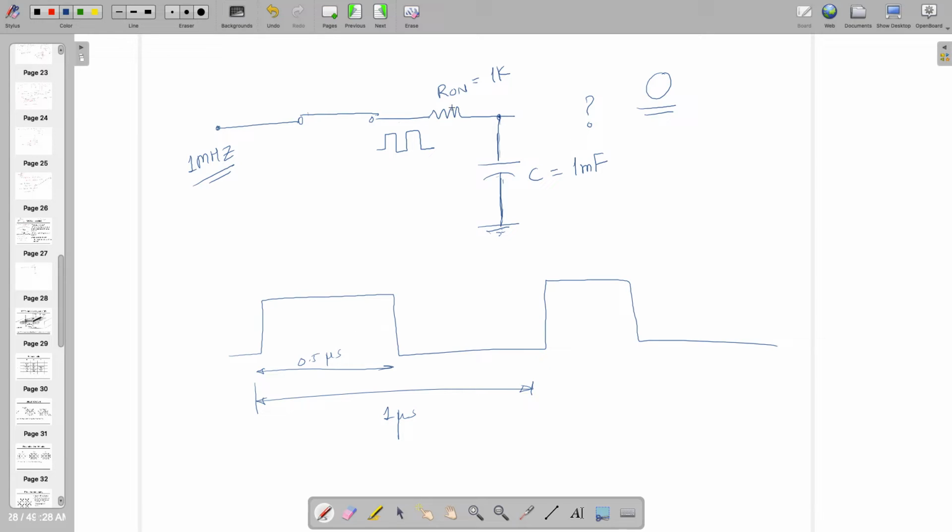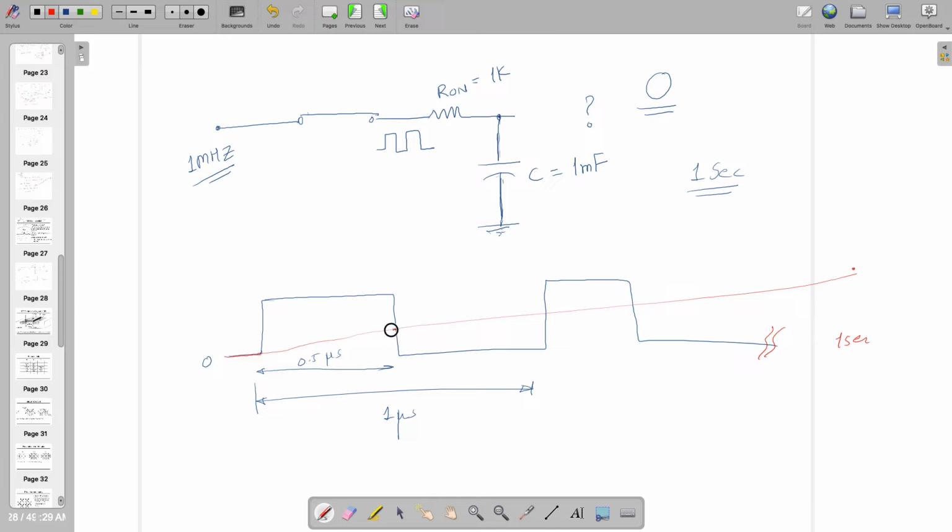If it is passing through R and C, whose values are 1 kilo and 1 milli, the time constant of this one is 1 second, right? So to go from 0 value to this value, it requires 1 second. Means I am starting from here. Let's assume that this is 1 second. So after 1 second, it will reach here, right? Something like this.